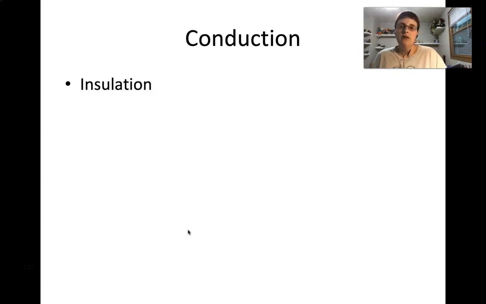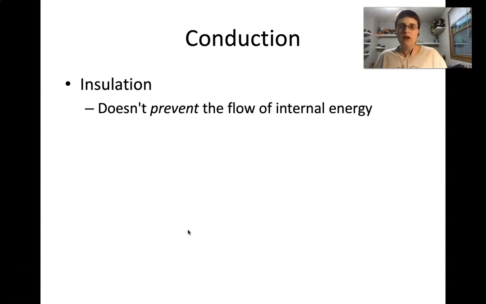One of the things that we take advantage of as far as conduction goes with that physical contact is we are going to create insulation. Think about the insulation in your walls or in a cooler. It doesn't prevent or stop the flow of the internal energy.